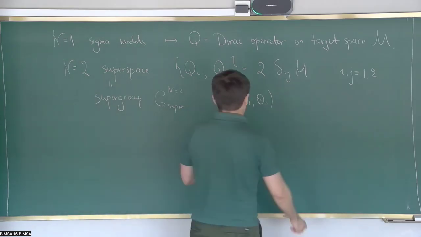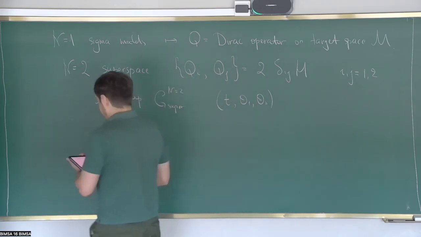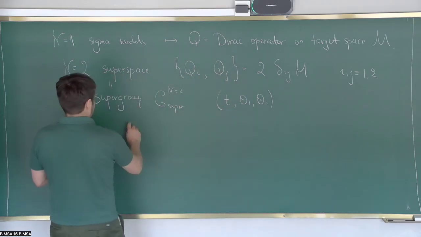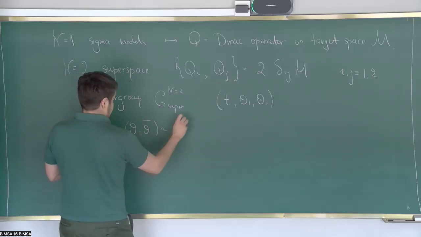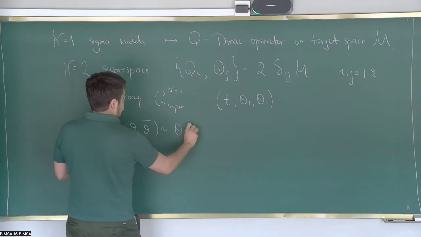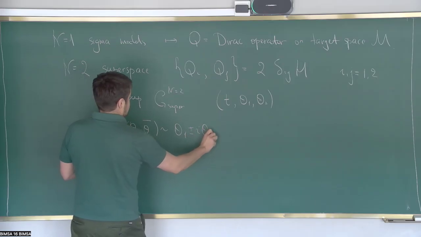We'll equivalently use complex coordinates, which are theta and theta bar. They are complex combinations of these: theta 1 plus i theta 2.